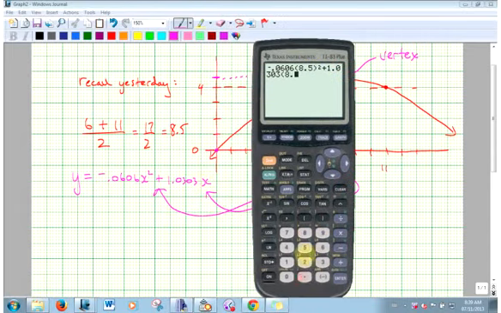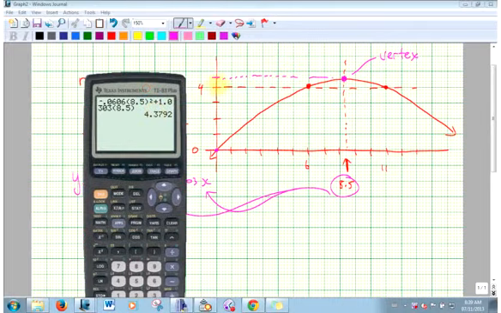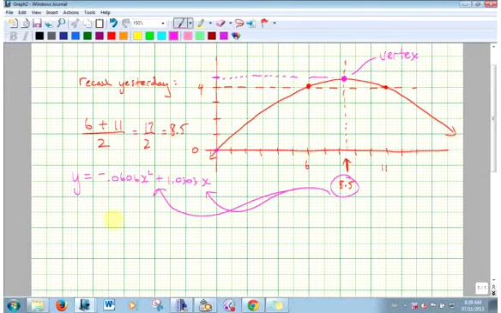You can go times or put in brackets. That'll tell me my y coordinate right where x is 8.5. Does that look like it's kind of right? Does that kind of look like 4.4? Sure does. You want to check, right?